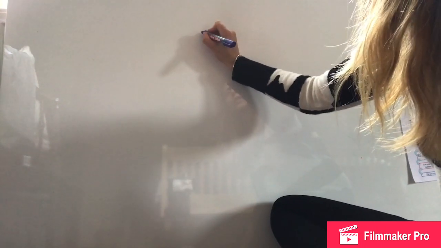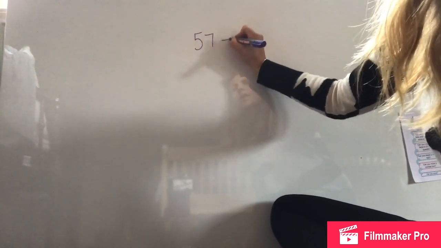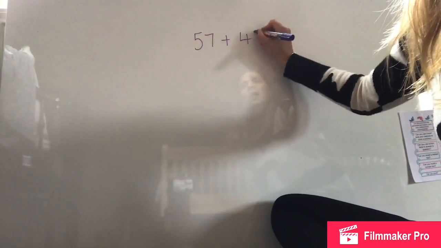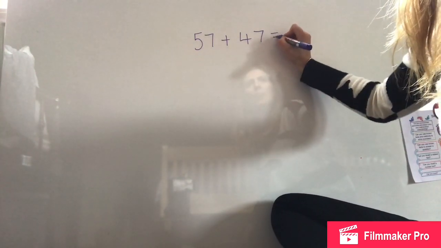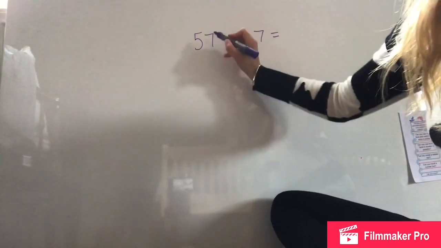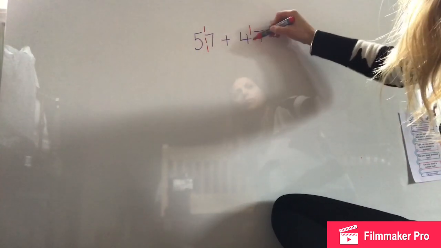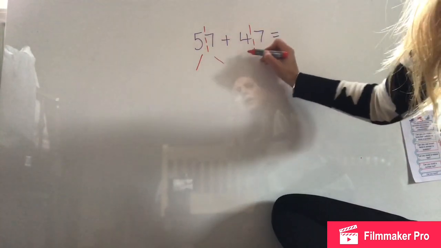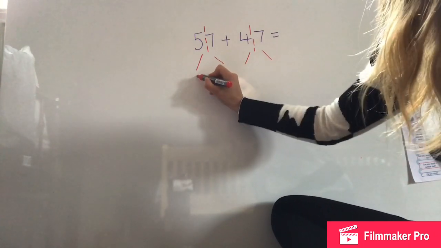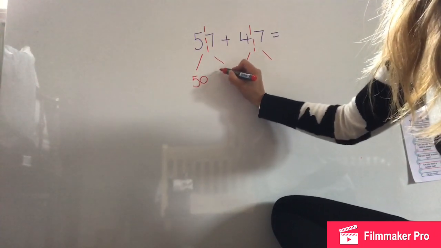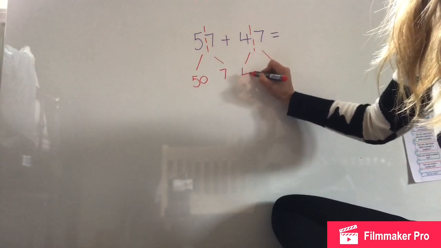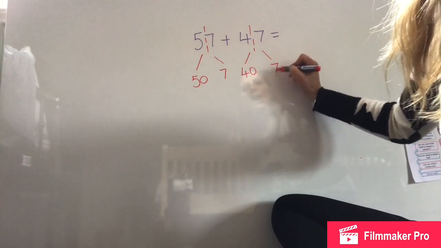Okay, so we've got 57 add 47. So again, I'm going to partition. So I've got my 50 and 7, 40 add 7.